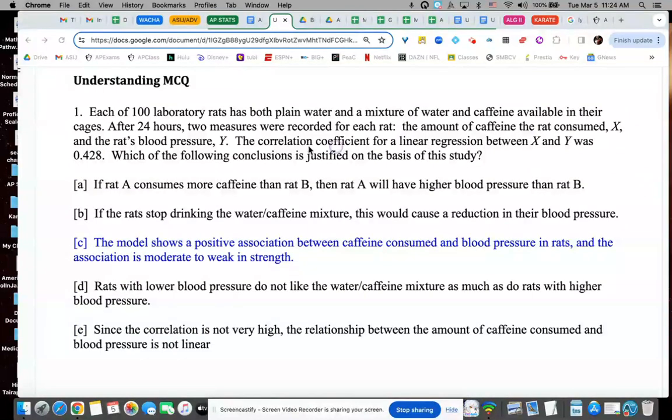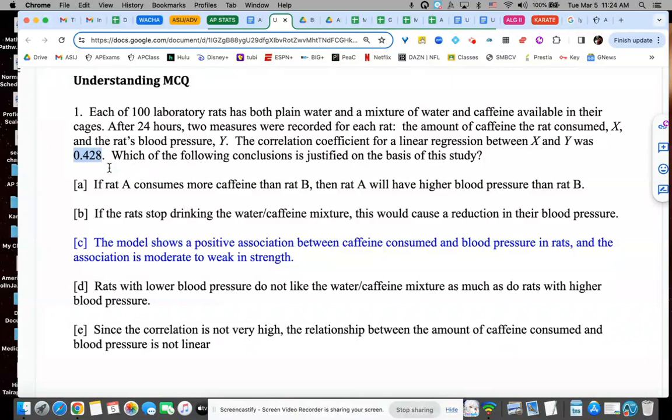Number one, the main point on this is the correlation coefficient. Right here they tell you it's 0.428. Usually we use 0.4 as the cutoff for weak and 0.8 for the cutoff for strong. So this is kind of close to the weak side, but it is in the moderate zone. The correlation coefficient gives you two things.